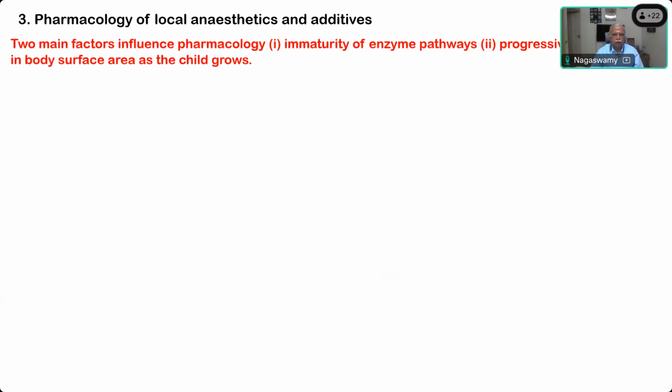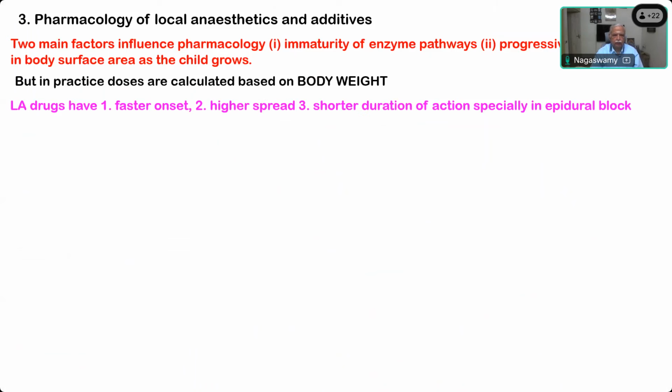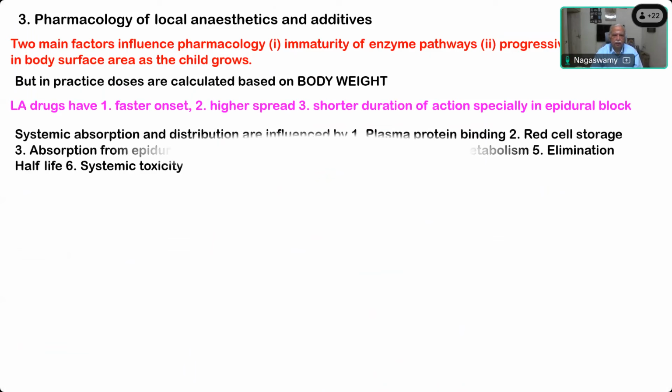So coming to the pharmacology of local anesthetics and additives, because of the immature enzyme pathways and progressive increase in body surface as the child grows, it affects the pharmacology. But we still calculate the drug dosage based on the body weight only. And the LA drugs have a faster onset of action, higher spread, shorter duration of action, as we all saw earlier.